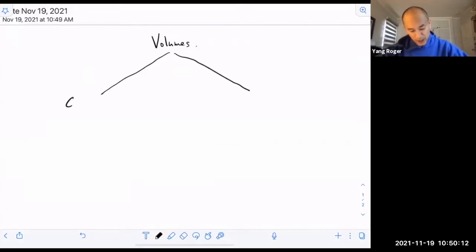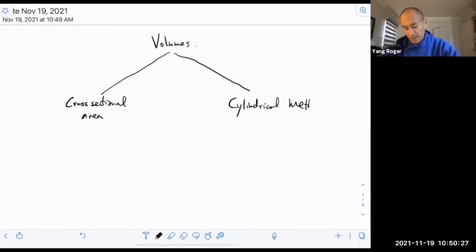One type is what I call cross-sectional area. And the other type is what we call the cylindrical method. So this is section 5.3. We're going to do this on Monday.